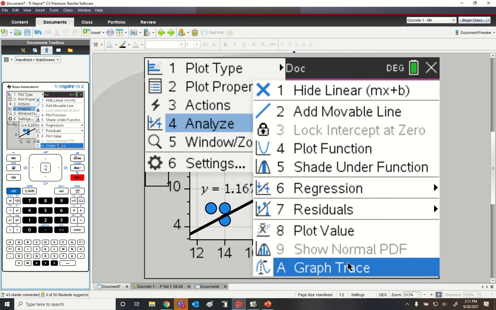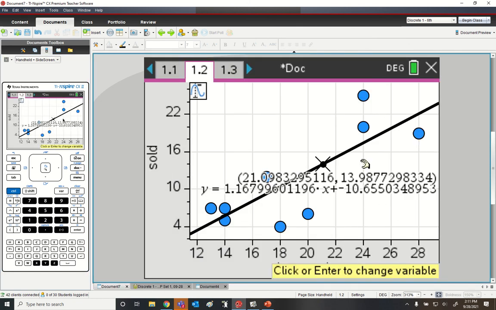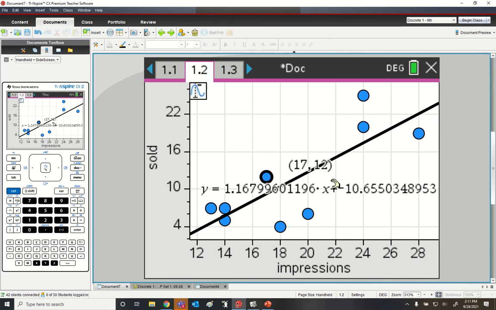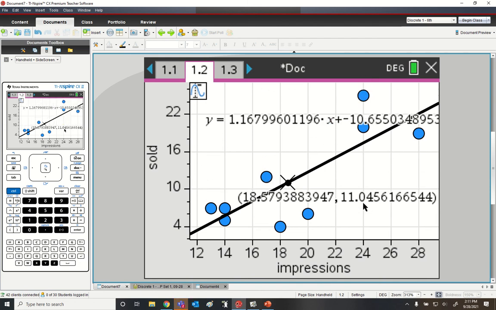Menu, analyze, graph trace. There we go. So now I have my dots here. And so I'm going to move this along to where I see my y value. Let me move this up so get that out of the way. I want my y value to be 11.